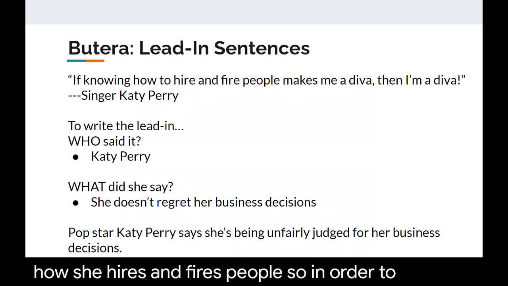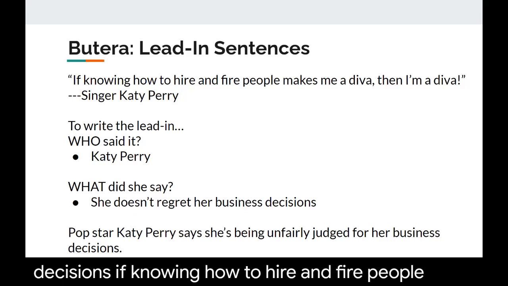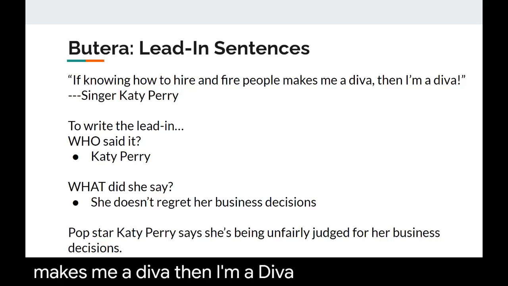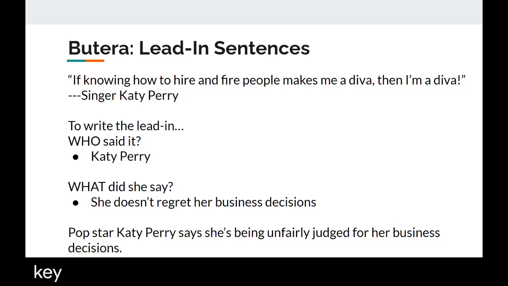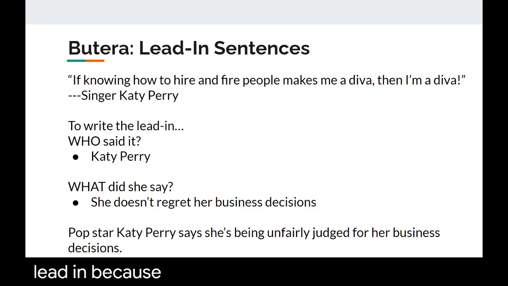So, in order to write the lead-in to this SOT, I would say: pop star Katy Perry says she's being unfairly judged for her business decisions. If knowing how to hire and fire people makes me a diva, then I'm a diva. See, I never use the keywords like hire or fire or diva from her quote in my lead-in because that's her words. That's what I want her to say.